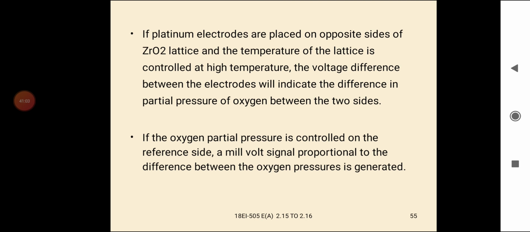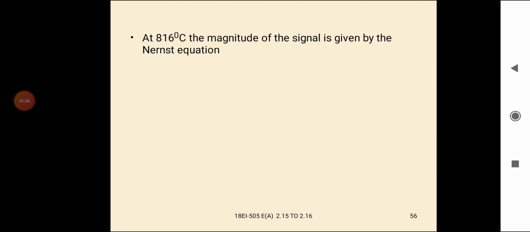At 816 degrees centigrade, the magnitude of the signal is given by the Nernst equation: E equals 0.054 log of PR over PS, where PR is the partial pressure of oxygen in the reference stream and PS is the partial pressure of oxygen in the sample stream.